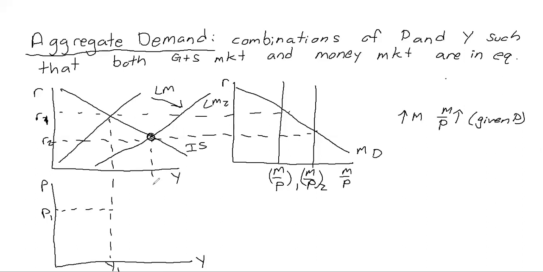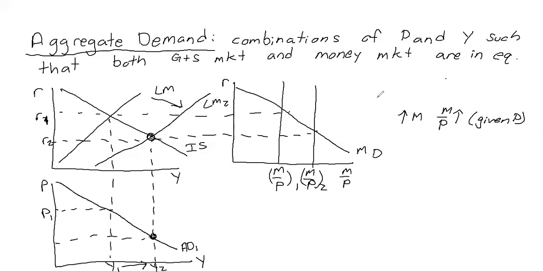Okay, so let's bring that down. And we know that as our output goes from Y1 to Y2, our general prices will also fall. So let's draw out the curve connecting two dots. So this will be aggregate demand curve 1.